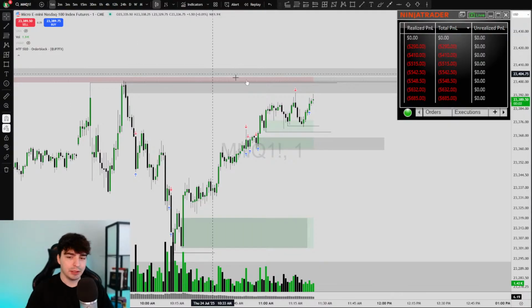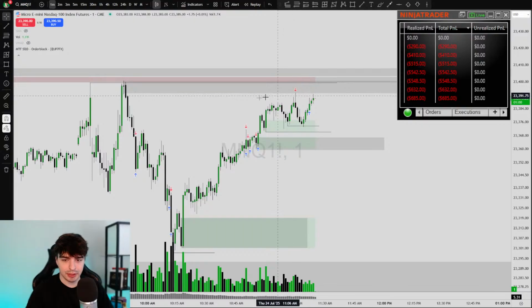Now, the only thing I can do is wait for a sweep of these lows and then try it again. Or a sweep of those highs and try it again, if the market will be so gracious and give it to us.